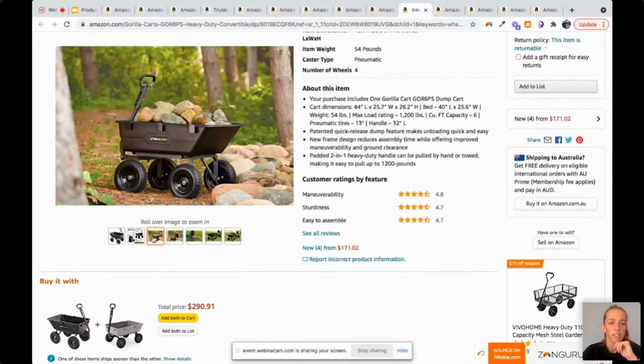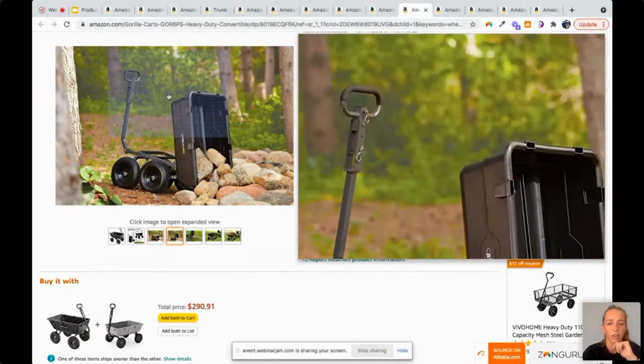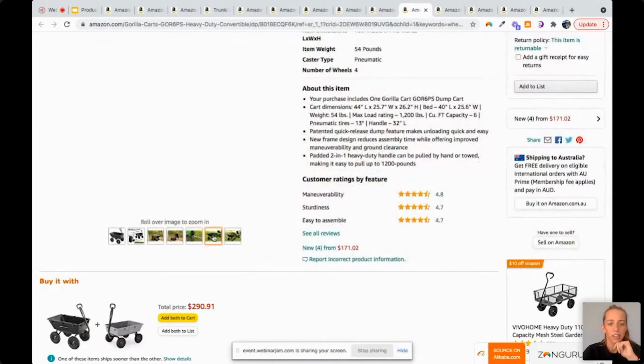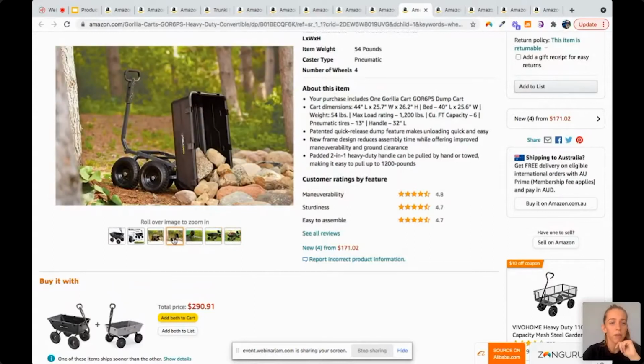Okay, so you can actually see it's carrying something and how it actually tips over. So you can see that they've made it much easier. You can also connect it to something to pull it along. But I think the main feature of this, and what makes it different, is that you're not physically pushing something over. It has a hinge system that is able to dump whatever's in there out.